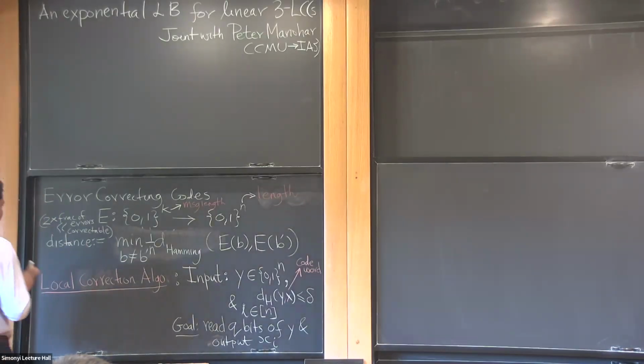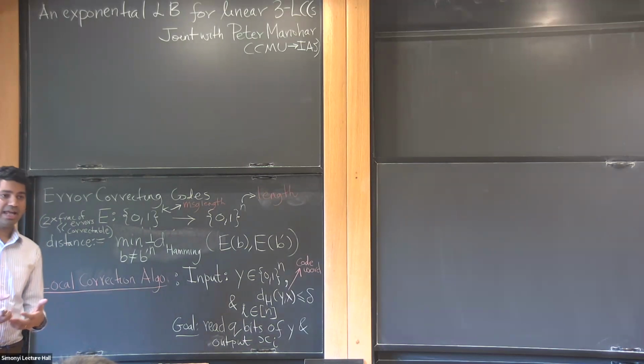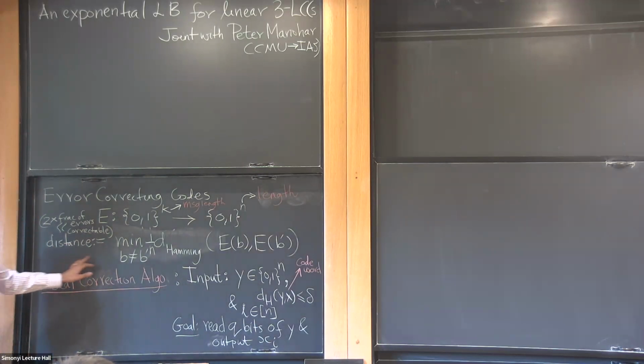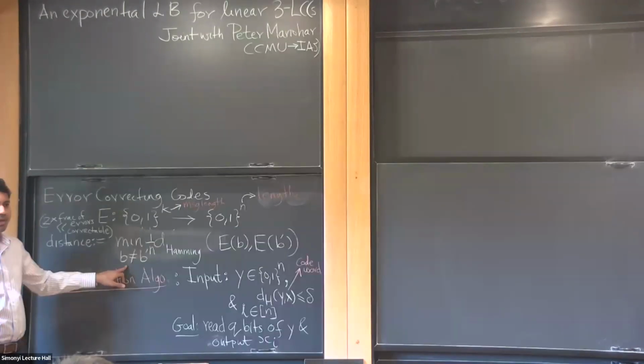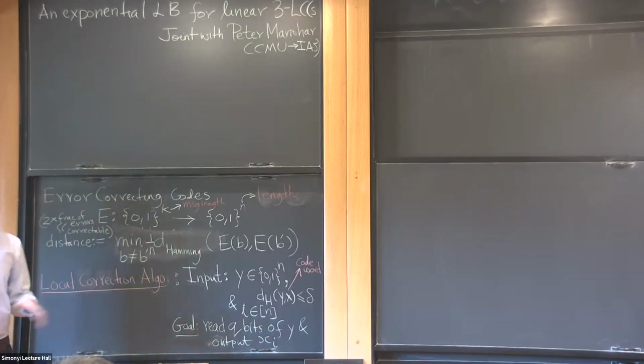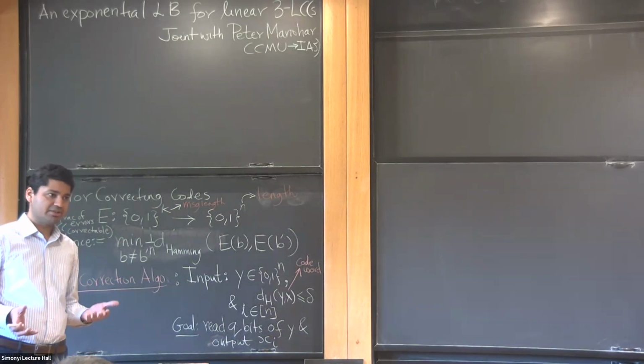And the basic central parameter that governs what fraction of errors you can actually correct is the distance of the code, which is defined over here. It is simply the minimum over all possible pairs of distinct messages. In this talk, b and b prime, these letters would always mean messages.